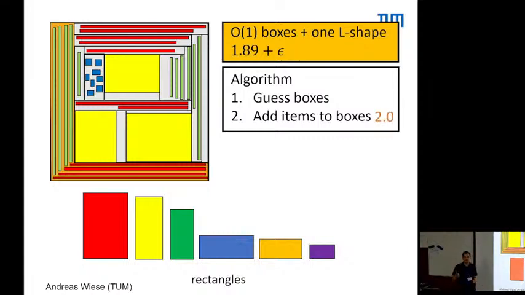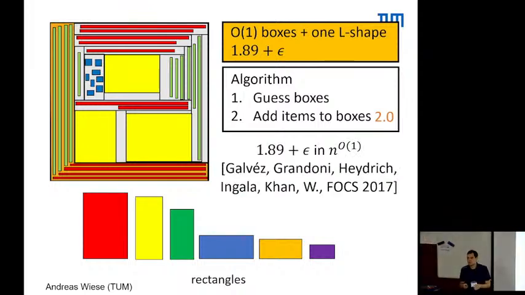However, now this algorithm is more complicated because here at this bend, since the horizontal and vertical items could interact in a complicated way with each other, we need a more sophisticated algorithm. Turns out you can also set up a dynamic program that can handle one of these L shapes here. And if you put this together, this gives us a 1.89 plus epsilon approximation algorithm.